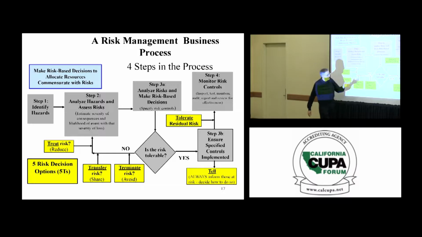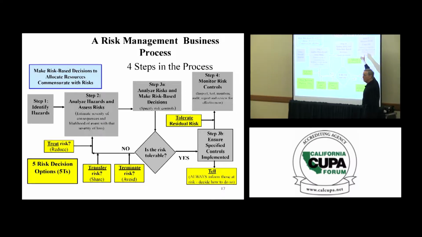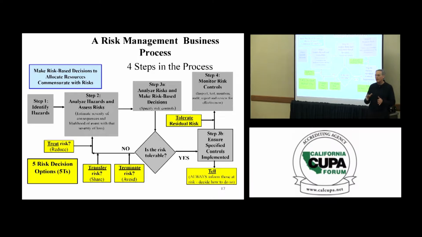So now I say, yes, it's tolerable, but I've still got one of the 5 T's. I have to tell all of those people who could potentially be impacted and who have responsibility to operate those controls and maintain those controls to understand why that risk control measure is in place.